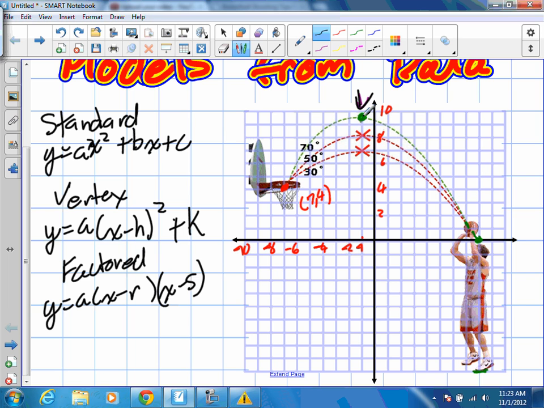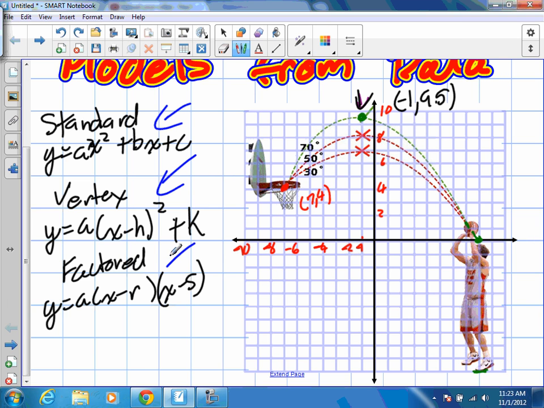Okay? Vertex, where can we estimate this vertex to be? It's not 9. Okay, we have x value of -1. Yeah, I'd probably say about 9.5. Okay? That's where our vertex is on this quadratic. So, since we are choosing the vertex, which of the 3 forms would make the most sense to plug this information into?